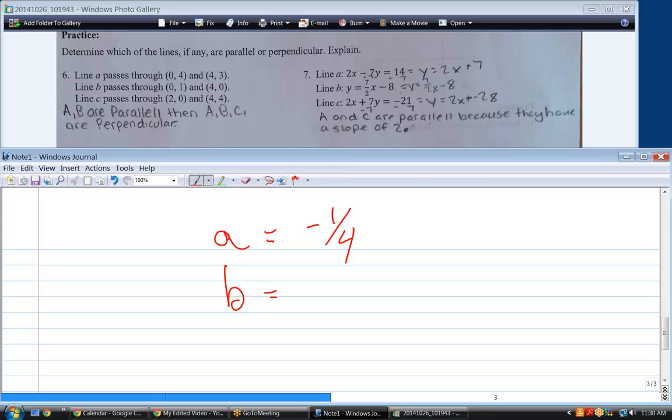Okay, sorry. So it'd be 1 over 4. Make sure you go in the same direction. You can't choose to go 1 minus 0 and then divide it by 4 minus 0.